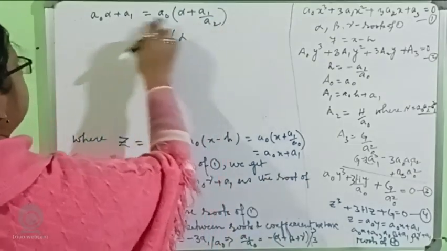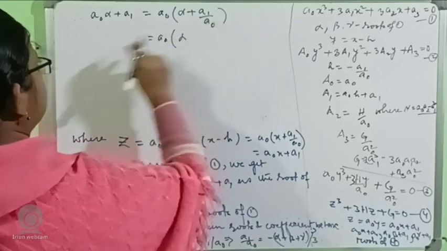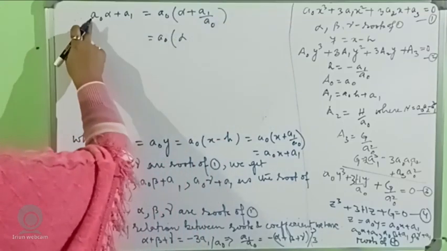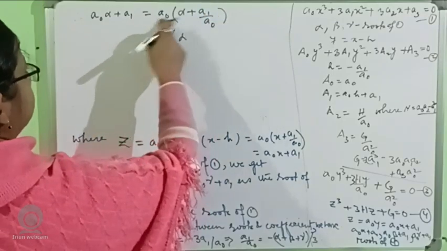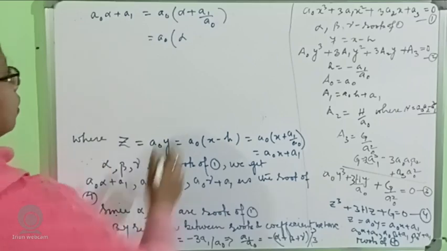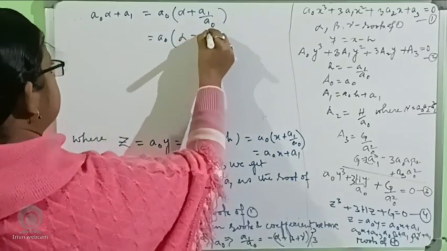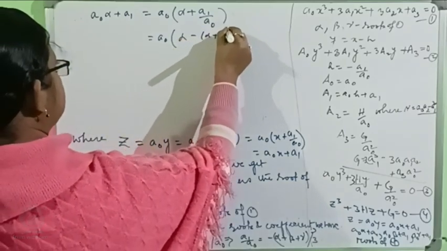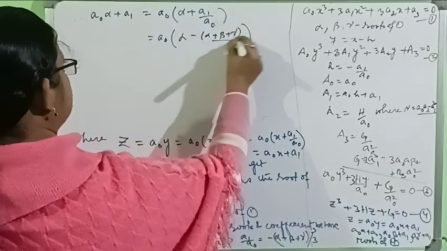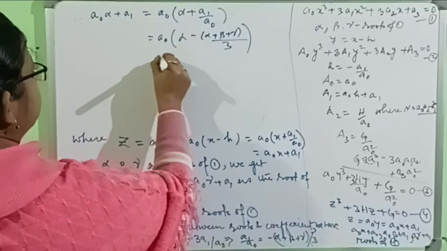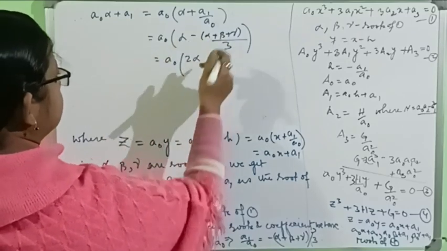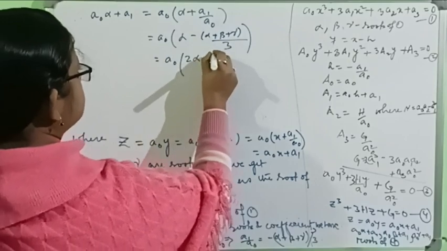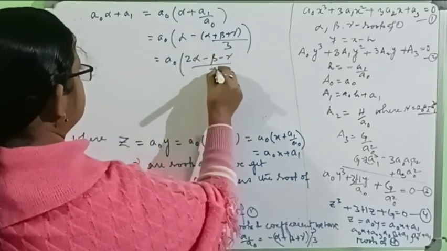This is minus alpha plus beta plus gamma by 3. On simplification, we get 3 alpha minus alpha, that is 2 alpha, minus beta minus gamma, by 3.